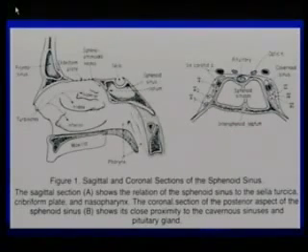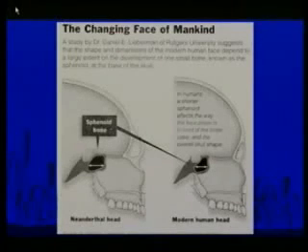It can be on top of the brain as well. I was intrigued to throw this in: it's been suggested that in our evolution we differ from the Neanderthals in that our sphenoid sinus is shorter, which affects the shape of our skull. So that's an interesting idea.